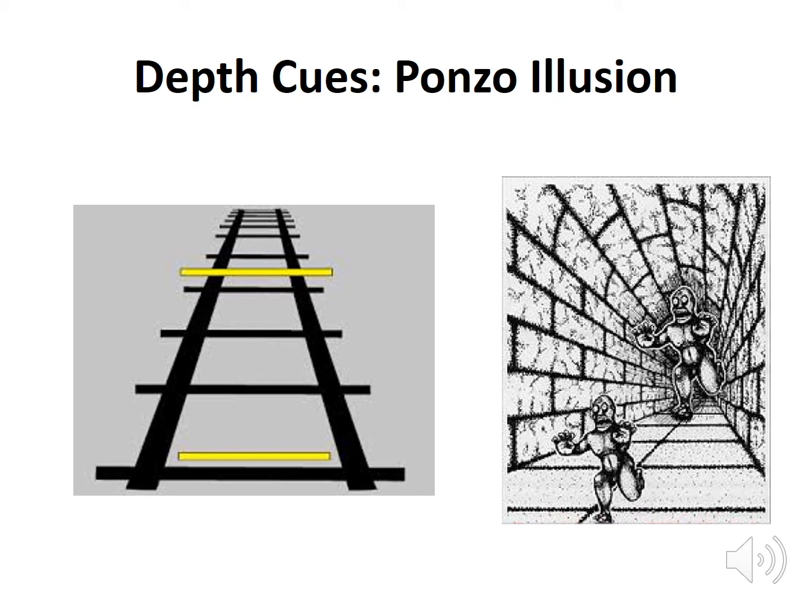Similarly, in the illusion on the right, the two characters are of exactly the same size. However, due to the visual cues that are given in terms of depth and space, the one that is further inside the tunnel appears larger because it must be further away and therefore it must be larger according to our perception.